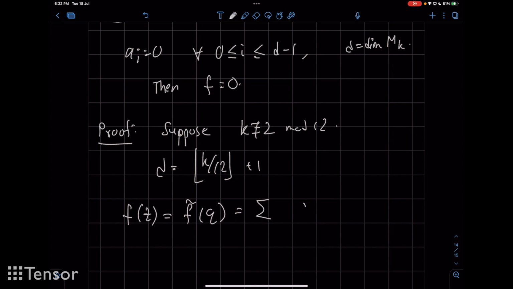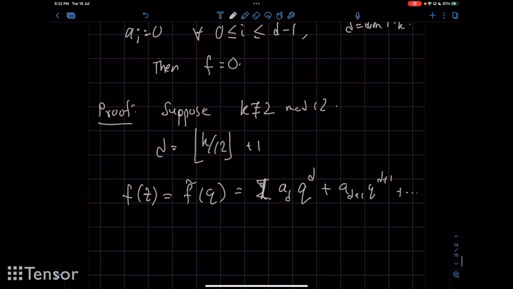This sum starts from q to the d. So then what is the order of zero of f tilde?